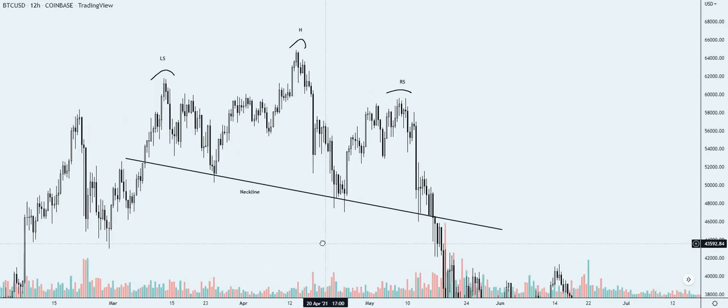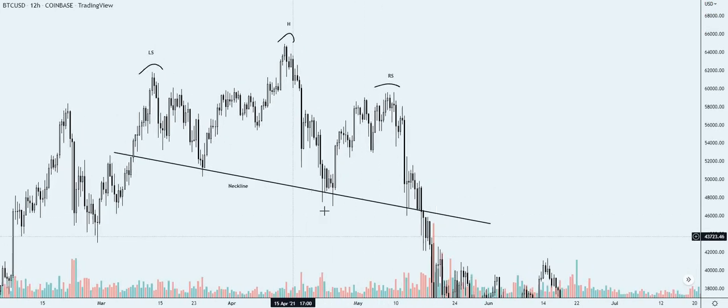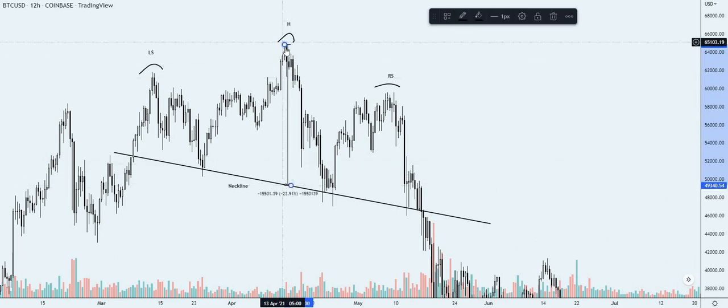Aside from that though, if you're wondering how far these would typically come down, the way you measure is from the top of the head, the very peak of the head and shoulders pattern, back down to the neckline, okay?